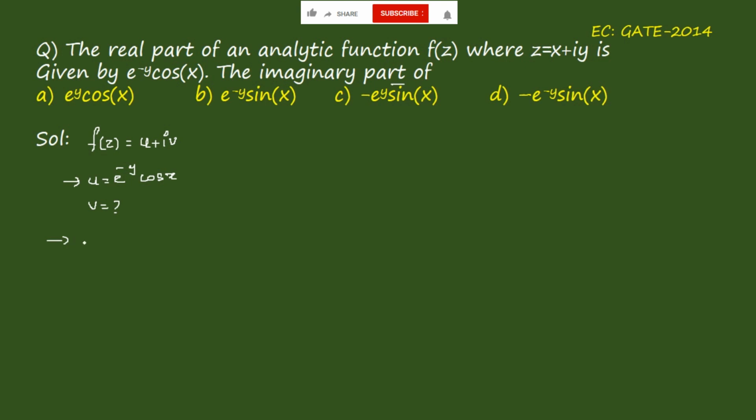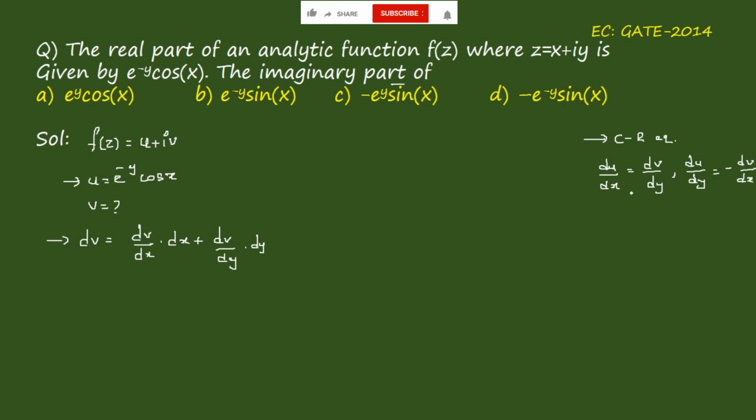First, what you do is differentiate v with respect to x and y. So it becomes dv by dx into dx plus dv by dy into dy, right? So you have to know the CR equation, the Cauchy-Riemann equation, given as du by dx is equal to dv by dy. The other one is du by dy is equal to minus dv by dx, as the function is an analytic function, right? So we can substitute here.